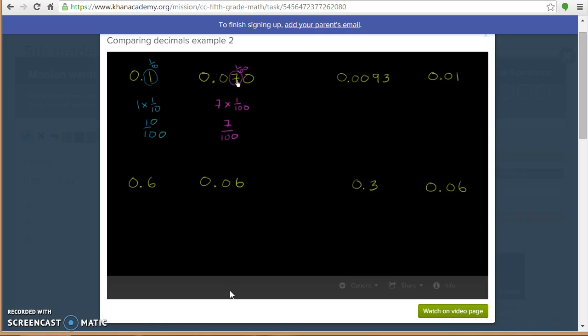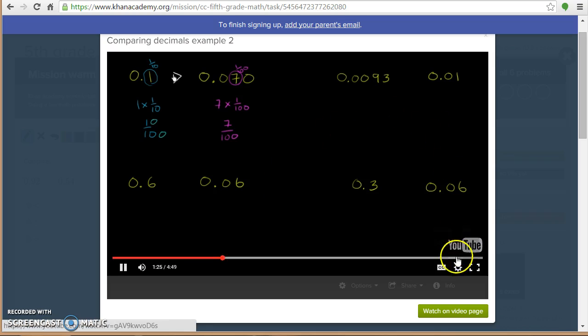Another way you could think about this is, look, if you were to increment by hundredths here, you'd start at 7 hundredths, 8 hundredths, 9 hundredths, and then you'd get to 10 hundredths. So this number, multiple ways you could think about it, is definitely larger. So let me write this down. This is definitely larger. Greater than. This is greater than that. The greater than symbol opens to the larger value.